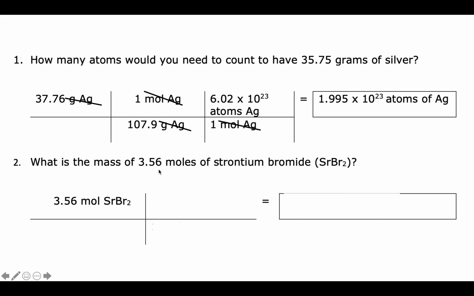What is the mass of 3.56 moles of strontium bromide? Okay, so we're going back to think about what is that. Here's strontium bromide. Strontium is a group 2 metal, alkali earth metal. Being in group 2, it has 2 valence electrons. Loses those electrons, becomes 2+. And bromide, or bromine, becomes bromide when it becomes an ion.